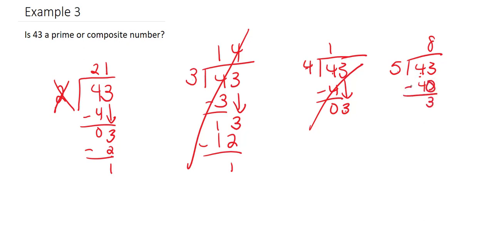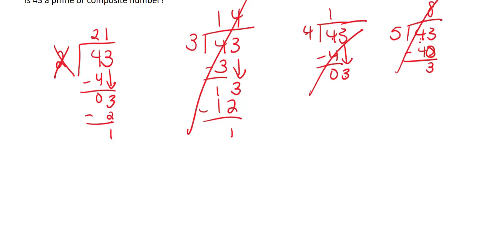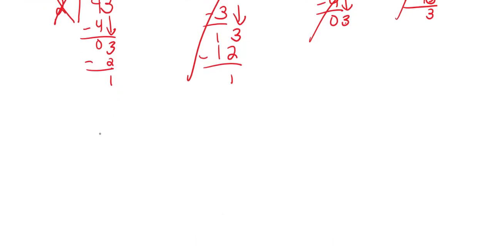So that's not going to work. Now, we can try 6. Notice that we have 5 and 8, so the last numbers, let's try 6. Well, 6 can go into, not 4, but it can go into 43 7 times, because that's 42. So we'll get a remainder, so that doesn't work.